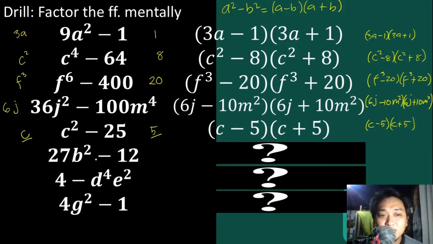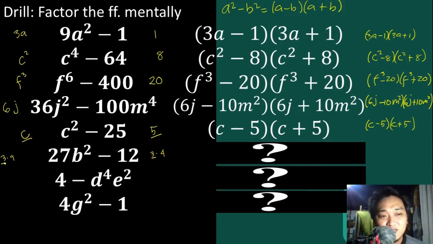Kasi baka mamaya, pareho silang merong greatest common monomial factor. So, ano yung factor ni 27? Ang factor ni 27 is 3 times 9. 9 times 3 is 27. Ano naman yung factor ni 12? Ang factor ni 12 is 3 times 4. 4, 8, 12. So, kung mapapansin nyo, pareho pala silang merong GCMF.